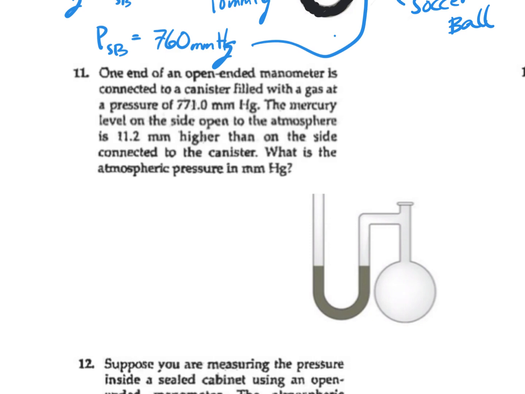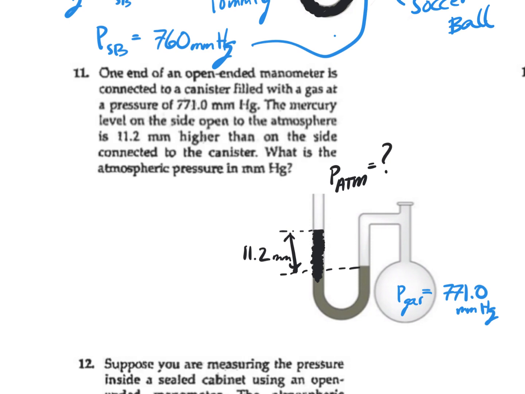The mercury level on the side open to the atmosphere is higher. So that's a little bit different than last time. All right, I'm going to redraw this diagram to reflect what's in this problem. Okay, so here's our diagram redrawn.